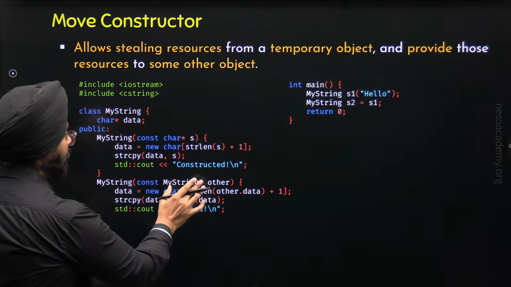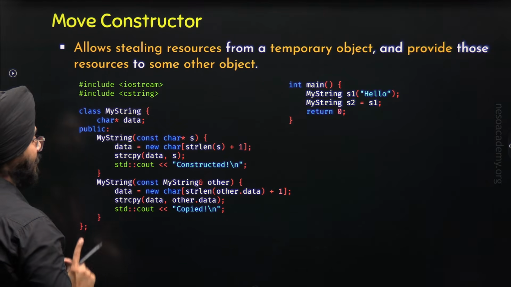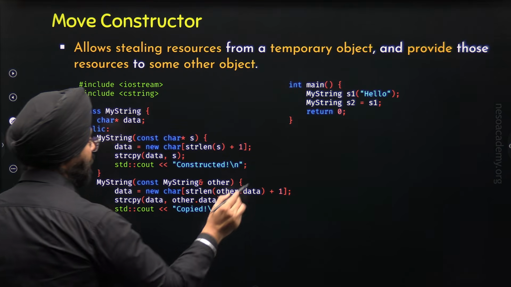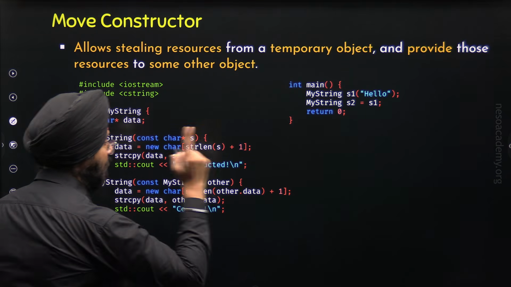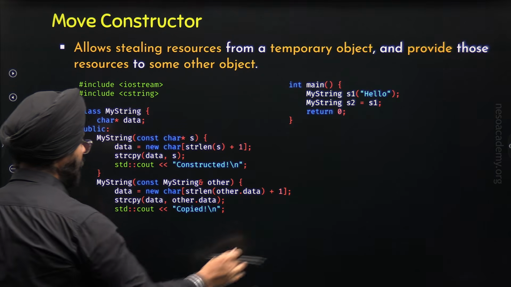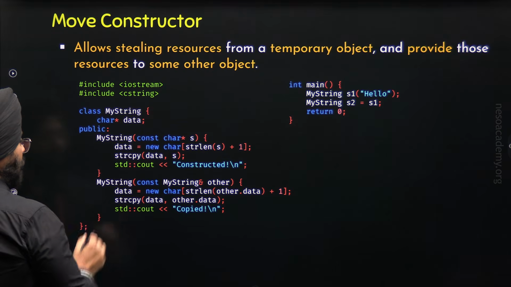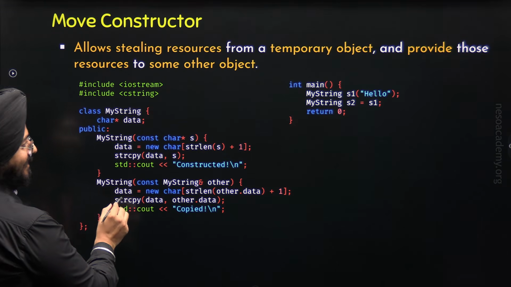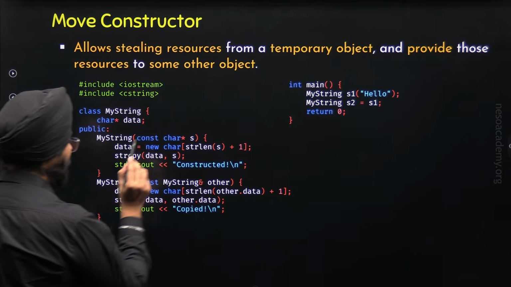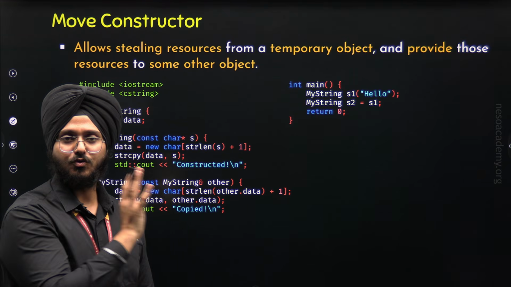So from here we will get the length of the string as 5. Null character is not included in the count. I have added one here so that we will get memory location for the null character as well in the new array. This new operator will return the address which will be stored in s2.data because s2 has invoked this constructor. I hope this is clear to you.